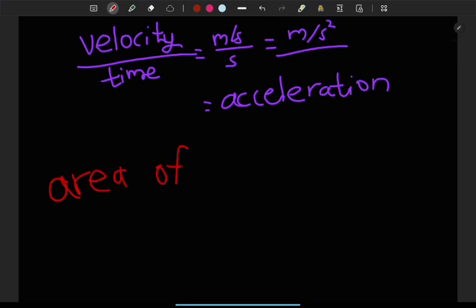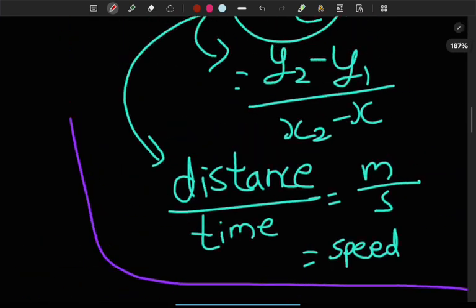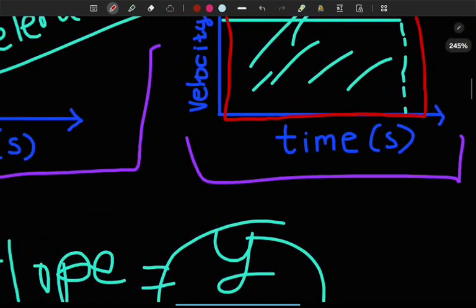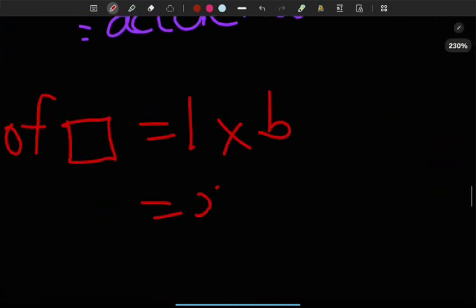Area of rectangle equals L into B. So what is L here? Length we have taken as the x coordinate and breadth as the y coordinate.